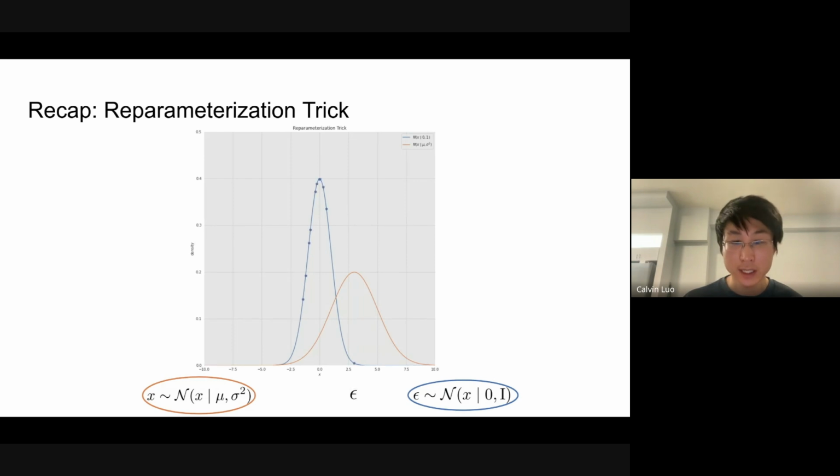How it does that is, we take samples from the standard normal, scale it by the standard deviation of the arbitrary parameterized Gaussian, and shift it with the arbitrary parameterized mean.